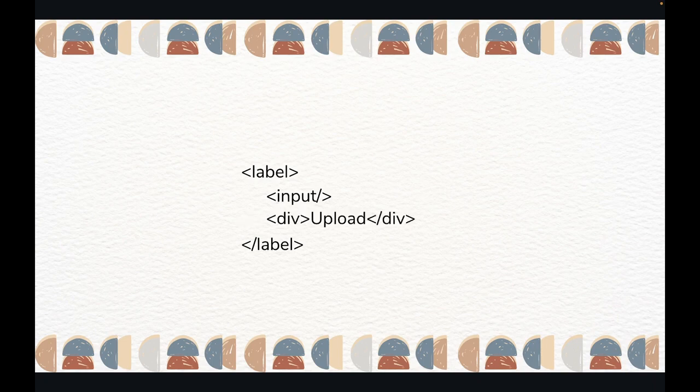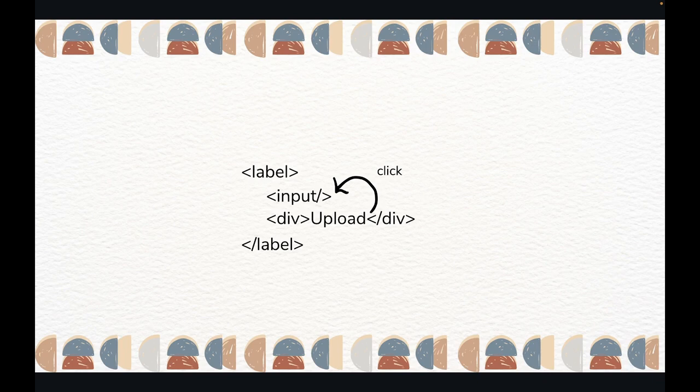We can add an element inside of it besides the input, and now this element acts as if it is a replacement for the input, which is if I click on the div tag here, it transfers the click to the input, and which is what we want.